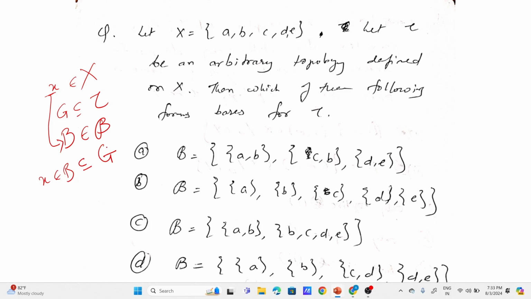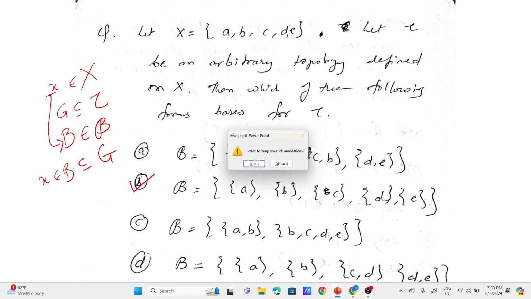So why are you discarding C, D or A? Let me know why you are all discarding the other options. B is the correct option. You all guessed it right because it is discrete, meaning it has singleton sets, so it will form a basis. Why are you discarding the other options?